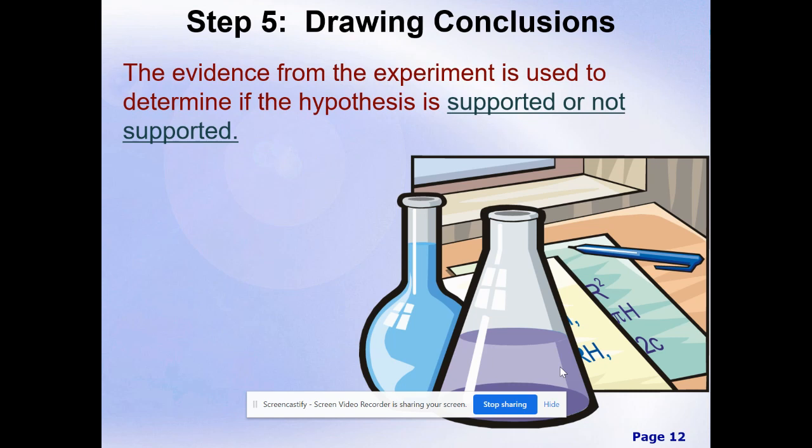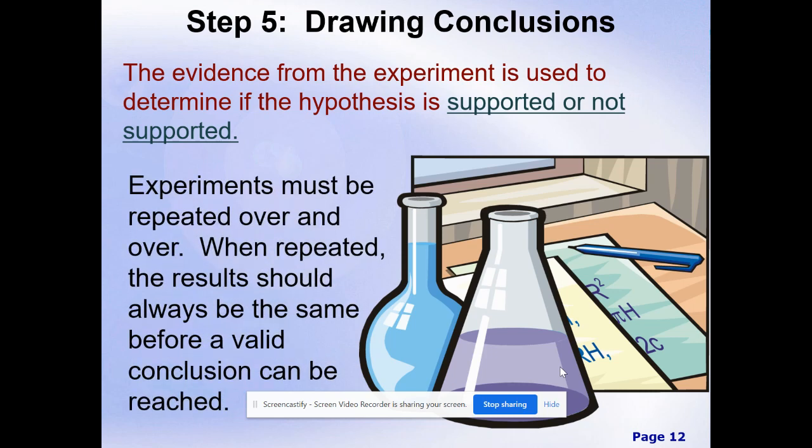The evidence from the experiment is used to determine if the hypothesis is supported or not. Experiments must be repeated over and over, and the repeated results should always be the same before a valid conclusion is reached. Remember, our magic number is 3, at least 3 times for us. And also, please remember, it's okay if your hypothesis is not correct.